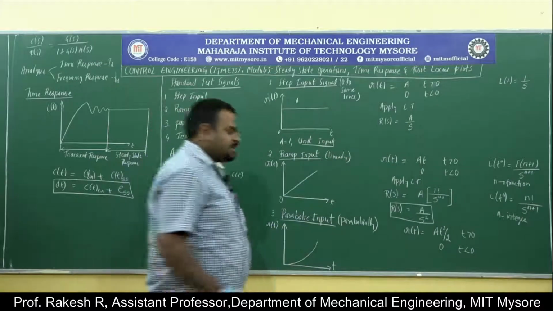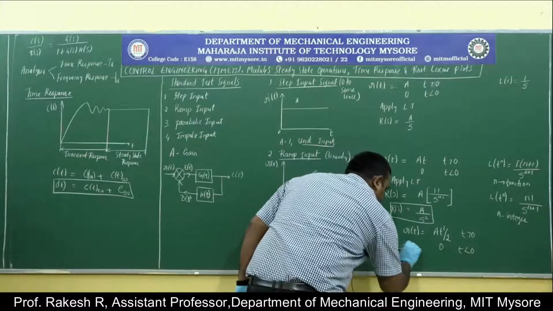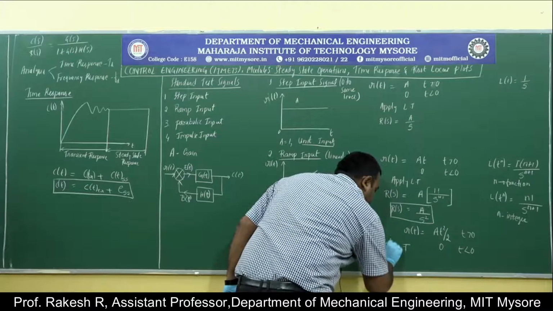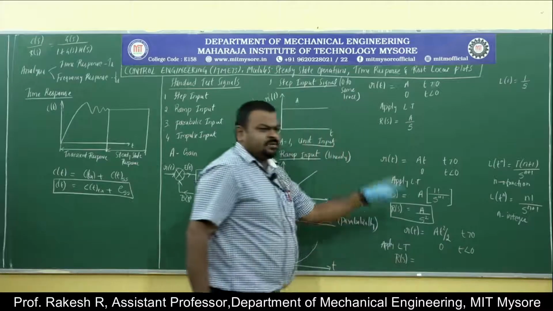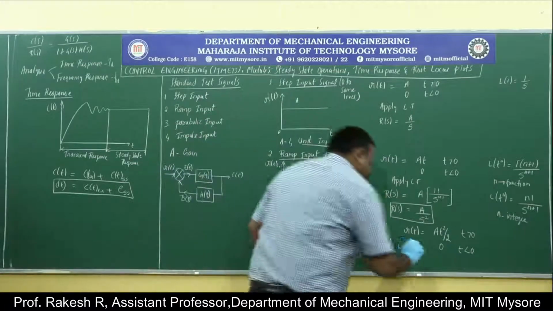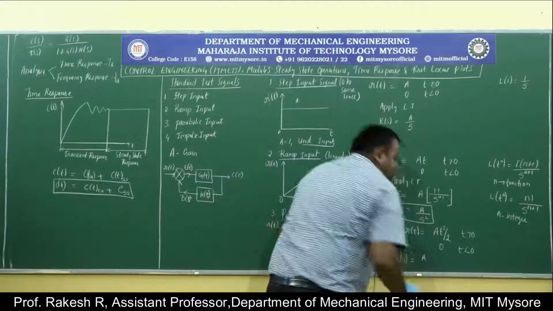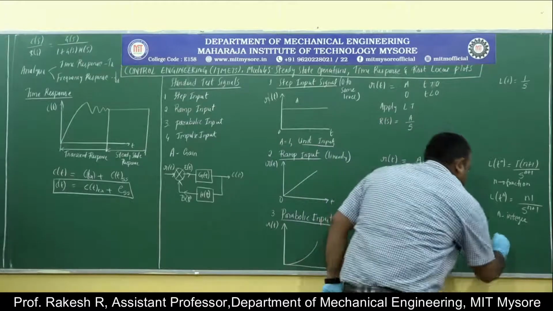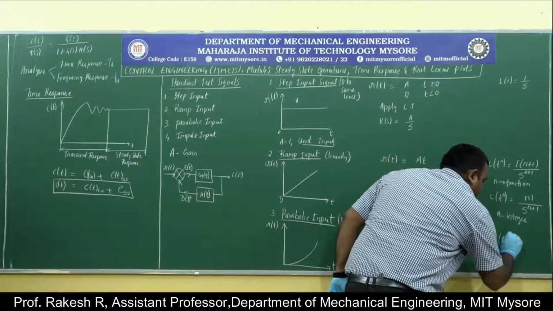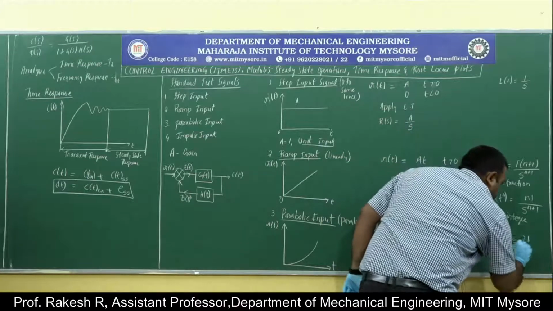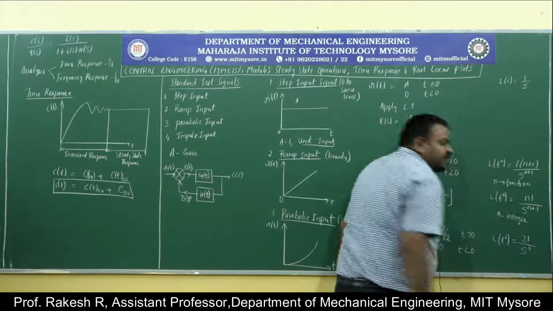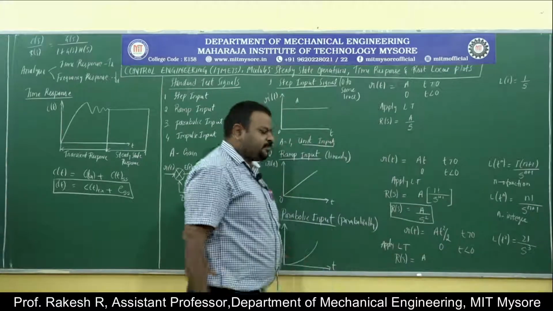Again, apply Laplace transformation. What will you get? If you apply Laplace transformation, r of s will be equal to A, a constant, take out, Laplace of t square by 2. What is Laplace of t square by 2? Laplace of t square will be 2 factorial divided by s to the power of 2 plus 1, so s to the power of 3.